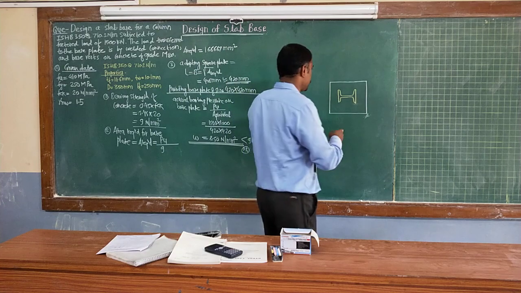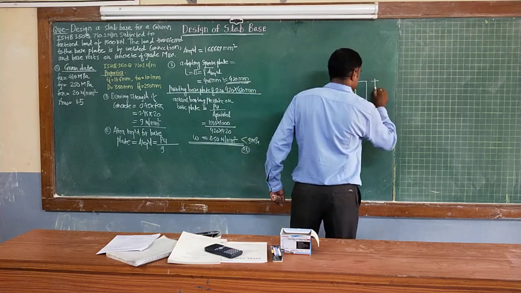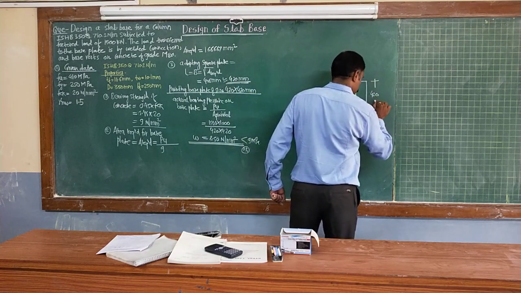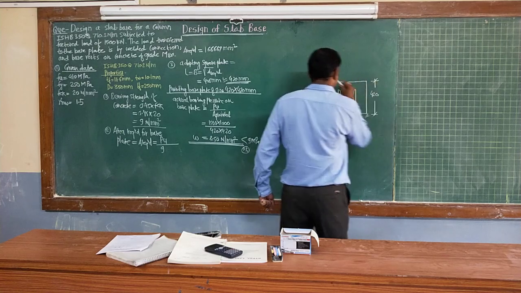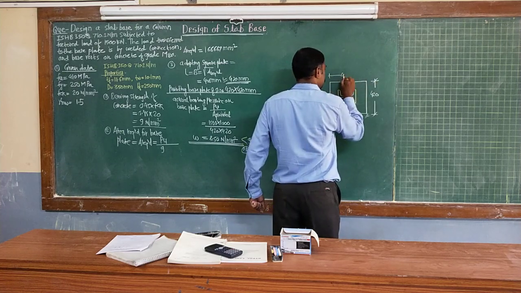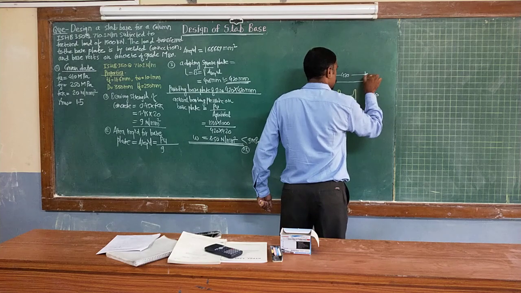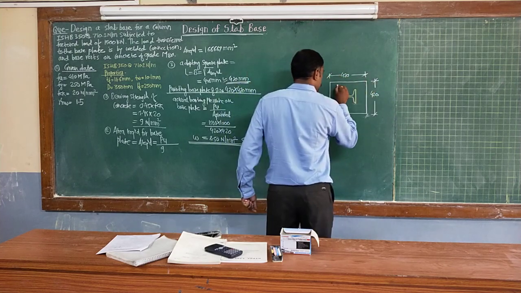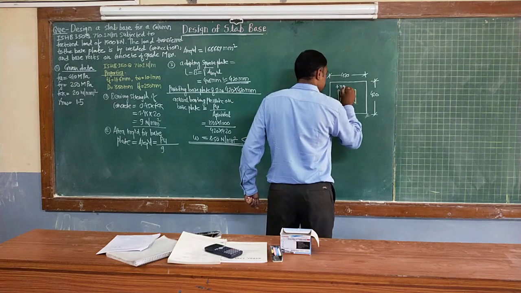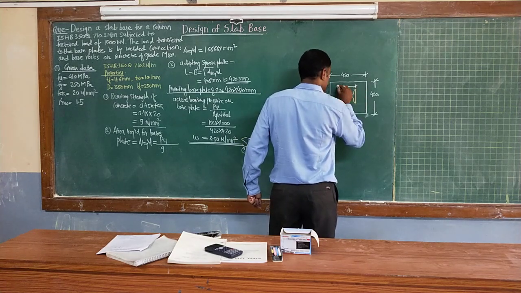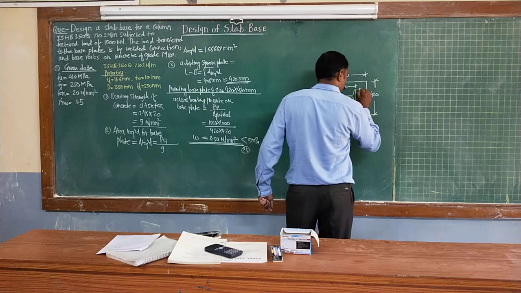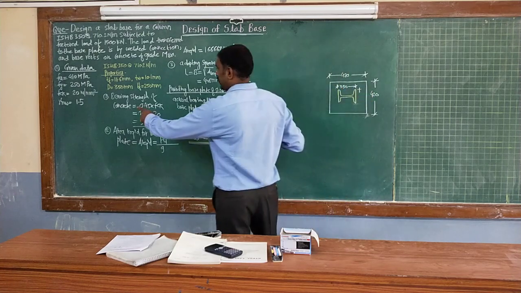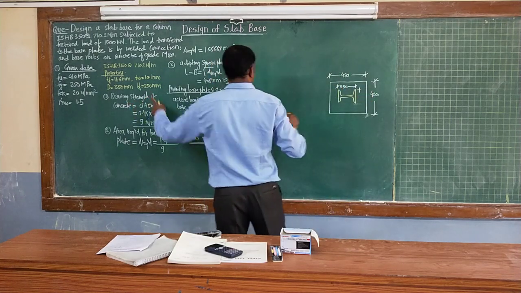So I will give the dimensions. This is the size of your base plate, 420. Again this length is 420, because it is a square plate. Again the depth of section is 350 given. Again the width of flange, BF, we are adopting equal to 250.